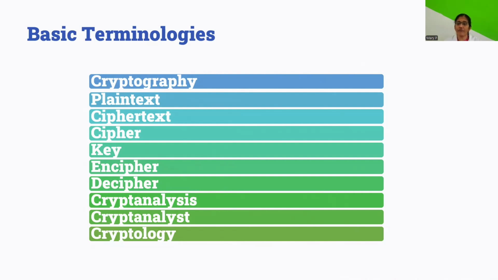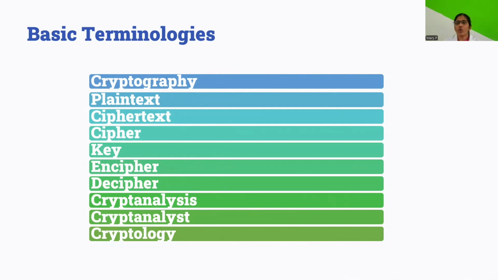That is unreadable, not easy to understand. That is called a ciphertext. At the receiver end, the receiver receives that ciphertext and does the decryption process and converts the ciphertext into plain text. So the unreadable message becomes a readable message. This entire process is called cryptography.